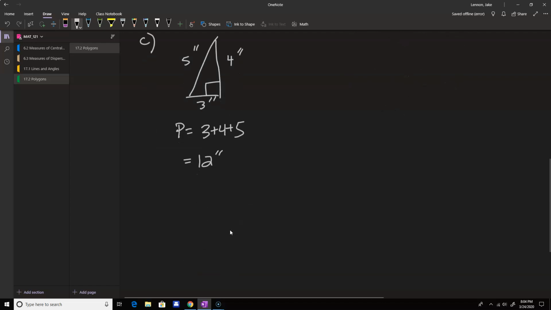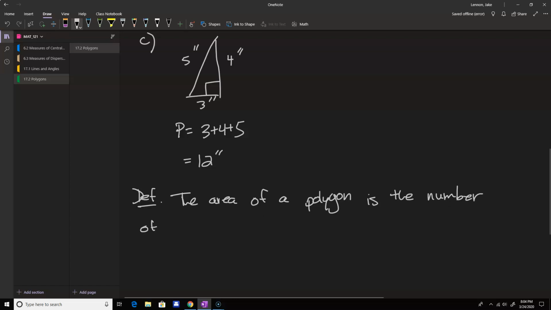Okay, so let's talk about area. So the area of a polygon is the number of square units of measurement it contains.